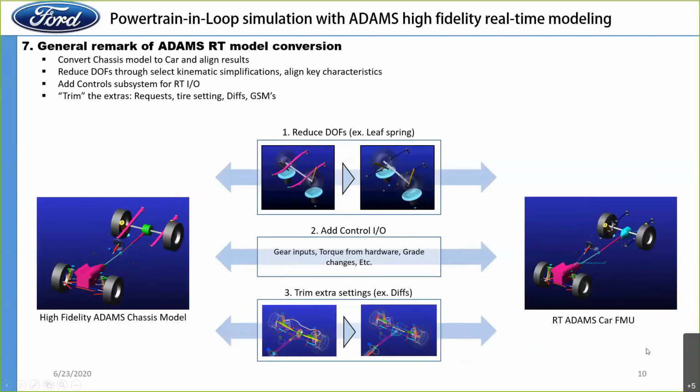The Adams conversion from the typical Adams model to the real-time model also has a built-in function inside Adams Car, and we are using that. The most important part is to reduce the degrees of freedom for the leaf spring, because most of the current products in the market use a leaf spring.